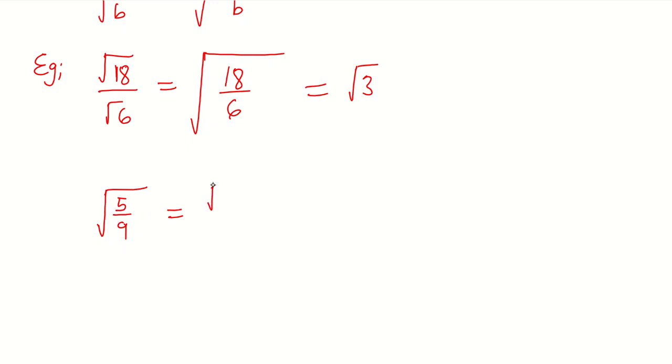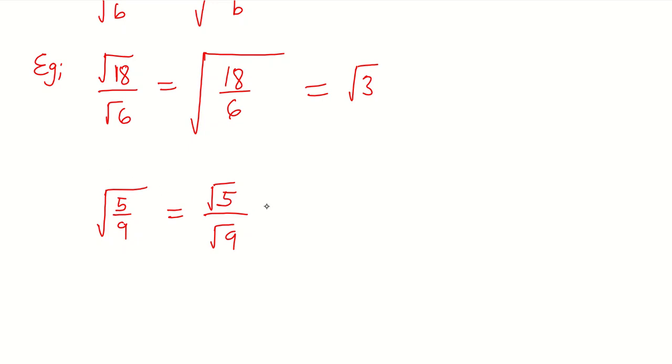So we have square root of 5 divided by square root of 9. So if you compare these two expressions, we can see that we were given this one, and then we have to simplify it in that order. So it's not always that we're going to get it just like the first example. Sometimes it's going to change.